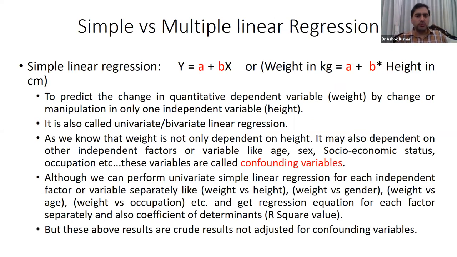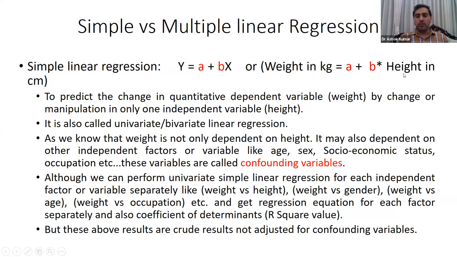Simple linear regression is y equals a plus bx. This is the regression line equation for simple linear regression. For example, y is weight in kg, equal to a, a constant, plus b, also a constant, multiplied by x, height in centimeters. This is an equation I have made as an example.